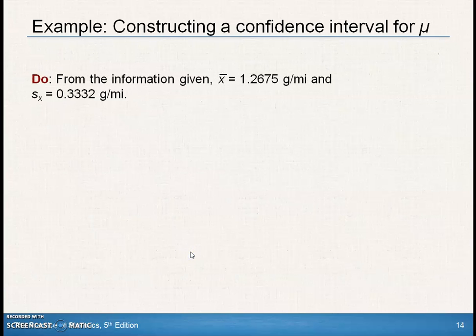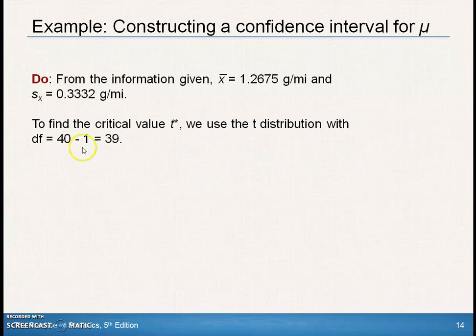So now we're going to do the calculations. x bar equals 1.2675 grams per mile. s of x is 0.3332 grams per mile. Degrees of freedom: 40 was n, so 40 minus 1 is 39. To get the t star, use the t-distribution. Look it up in the table.